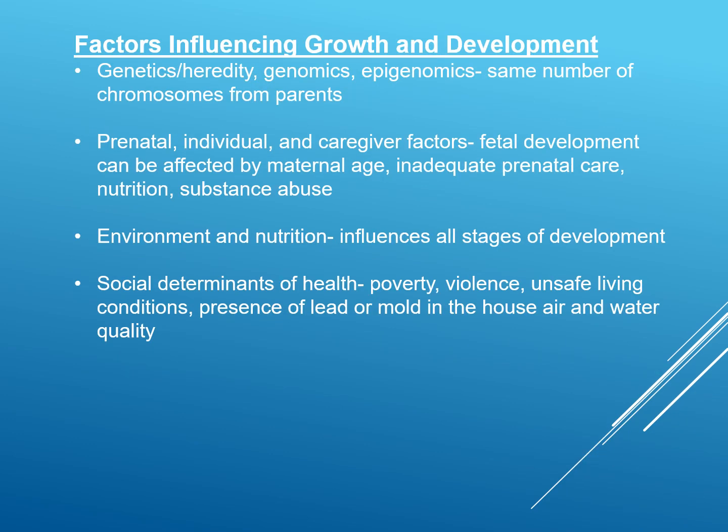These are factors influencing growth and development. Pages 575 to 579 talk about each individual bullet here in more detail. For genetics, we all have the same number of chromosomes from our parents, and our DNA is etched in these chromosomes, and this sequential coding makes up our individuality.